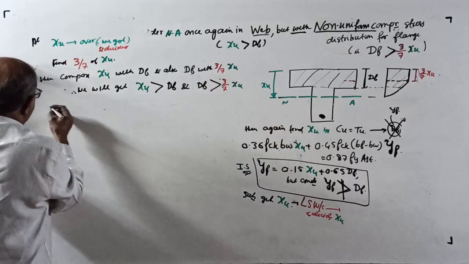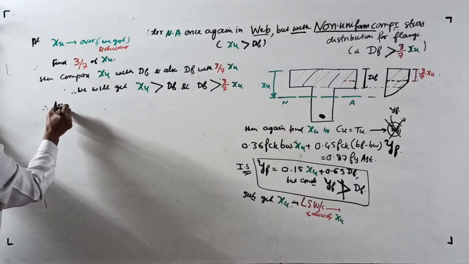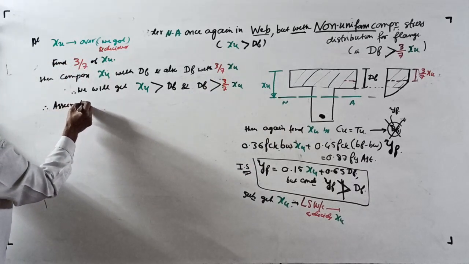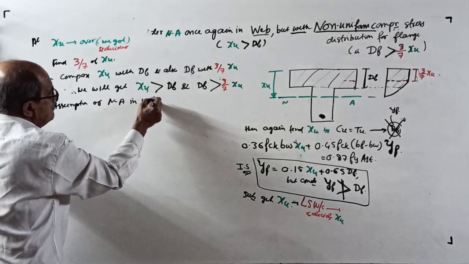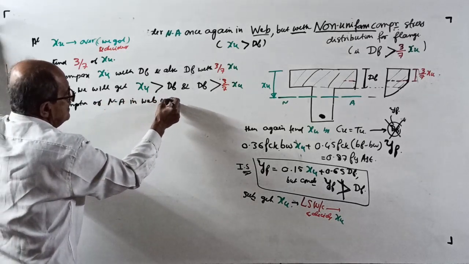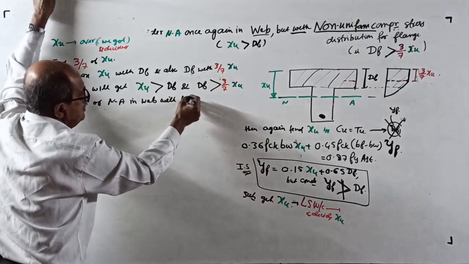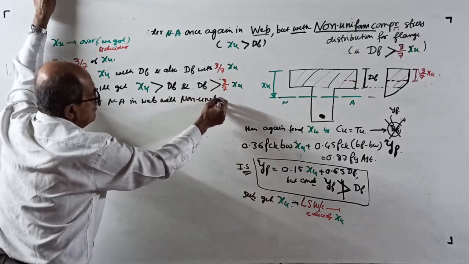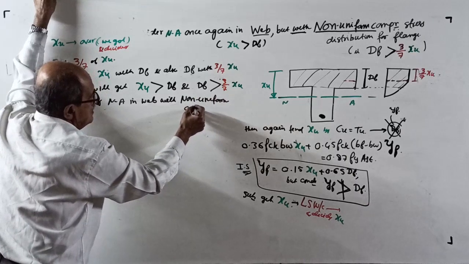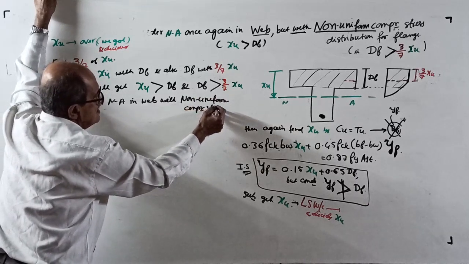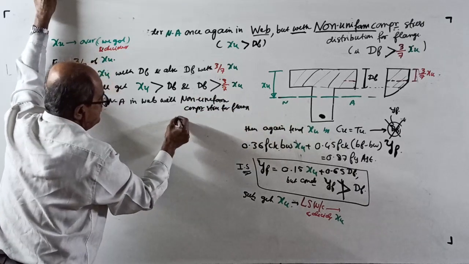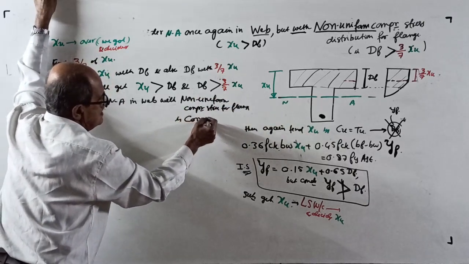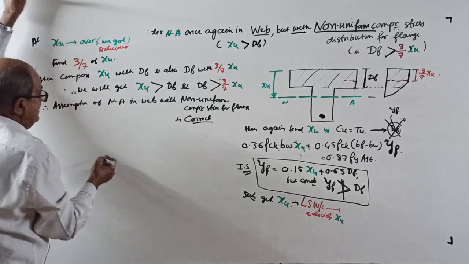Right. Therefore, our assumption of neutral axis in web with non-uniform compressive stress for flange is correct. It will come correct.